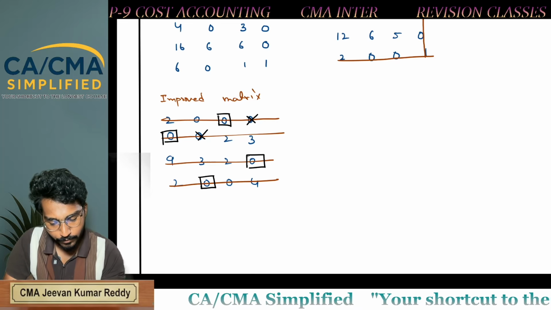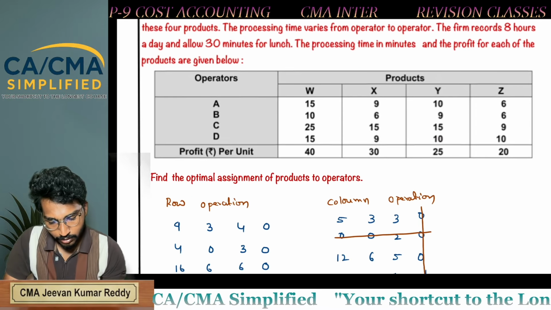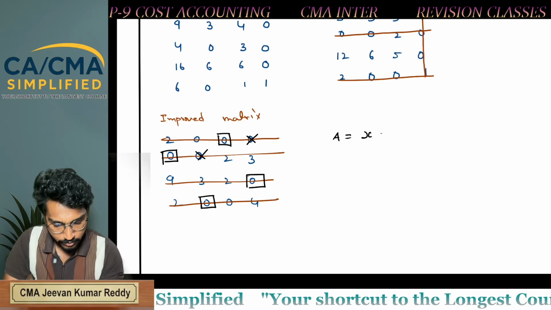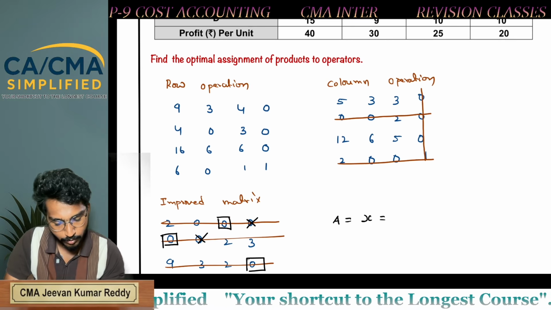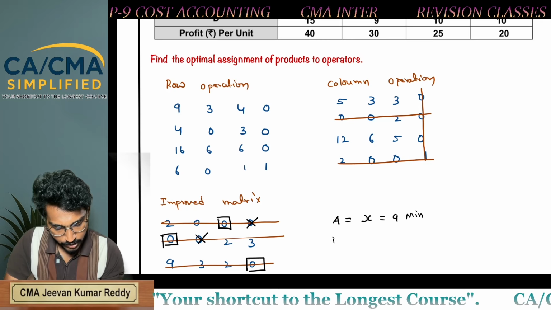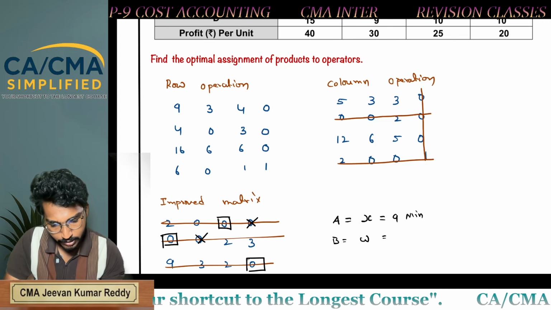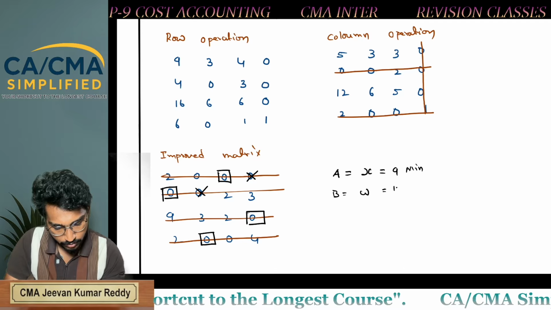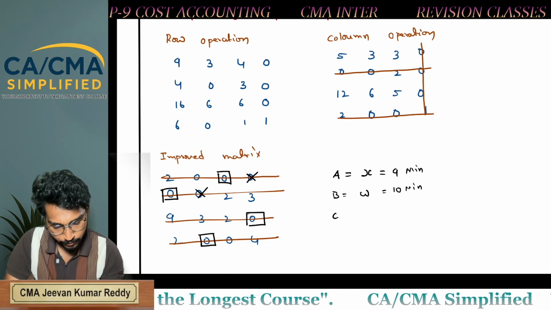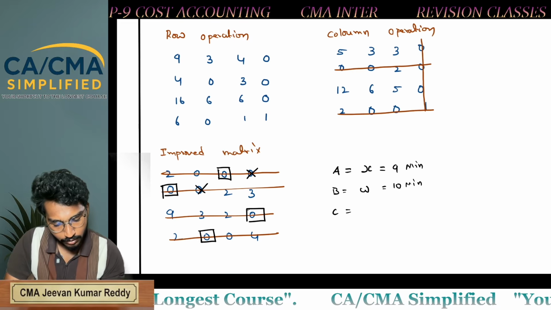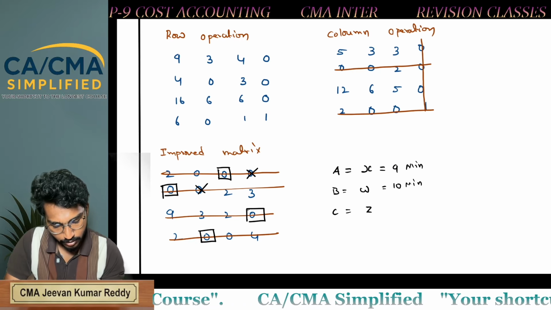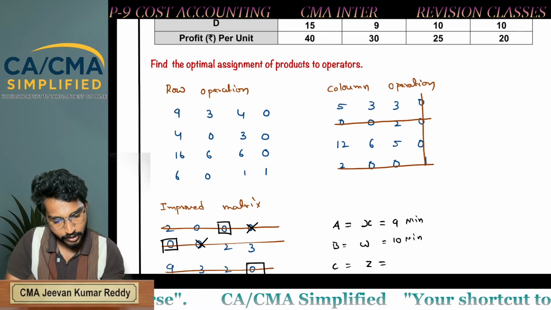That means operator A is equal to X. That means how many minutes? 9 minutes. B is equal to W. How many minutes? 10 minutes. Next C is assigned to Z. How many minutes? 9.